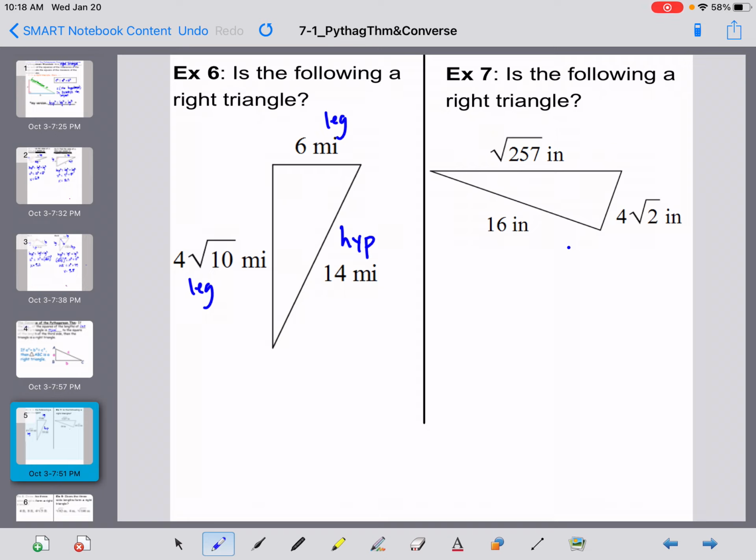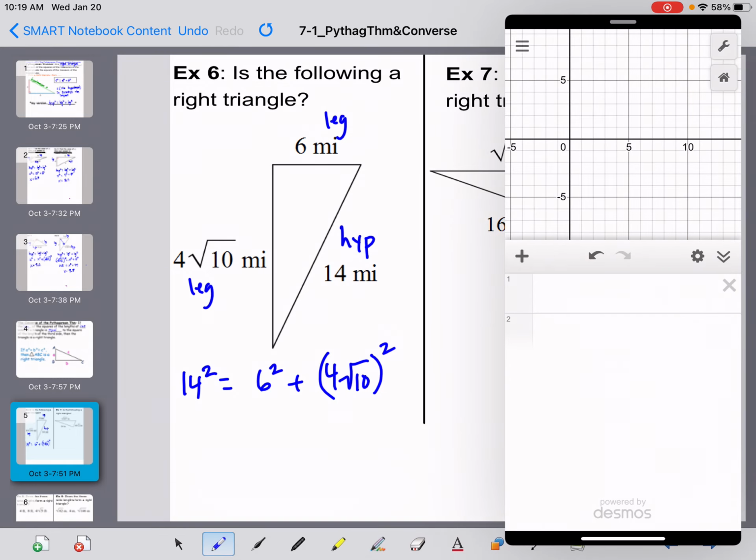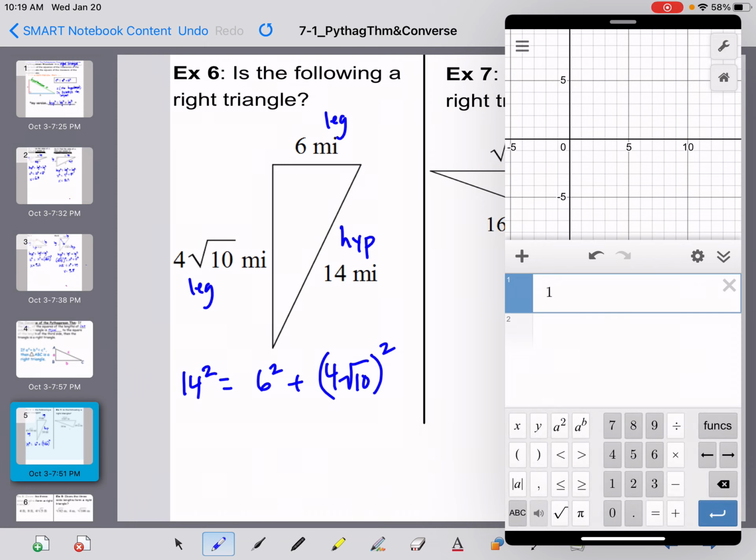So hypotenuse squared, I'm not going to write down that formula anymore. I think you guys pretty much know it by now. And then I have to square that whole thing, so I want to make sure that I'm using parentheses. If I'm not using parentheses, I'm going to mess up. So now there's nothing to solve for here. I'm just going to find out what 14 squared is. It's 196.